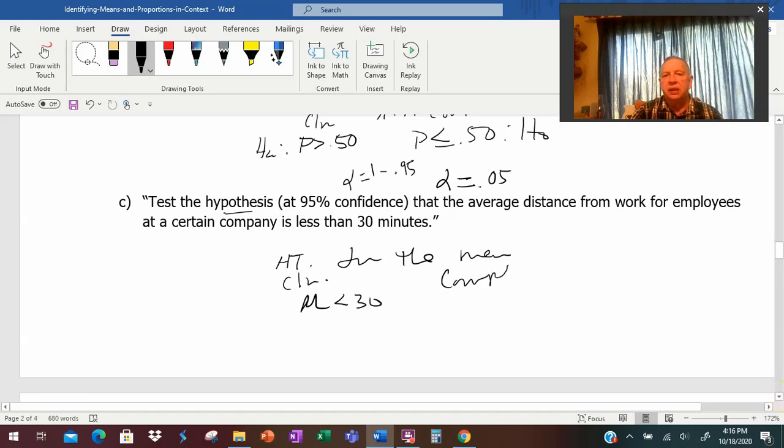Complement, mu greater than or equal to 30. And then I would assign H0 and H1. This tells us which test we're doing: the less than 30 tells us it's the left-tailed test. Okay.